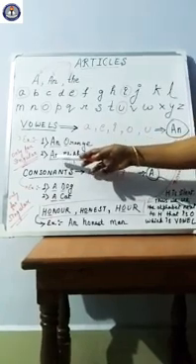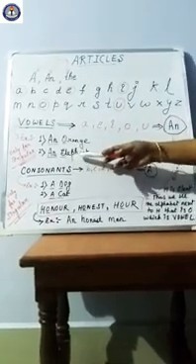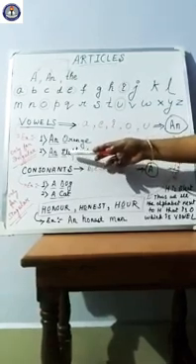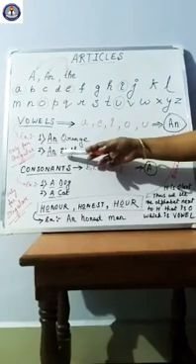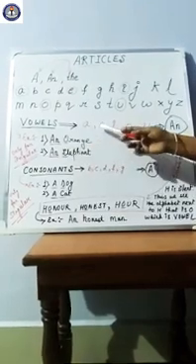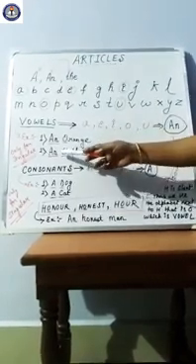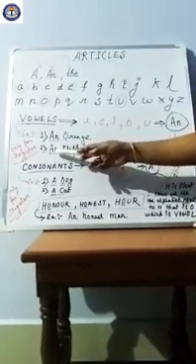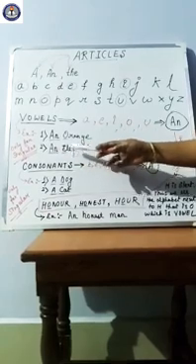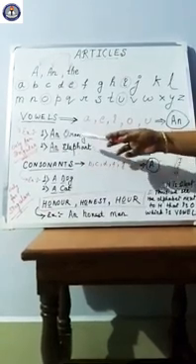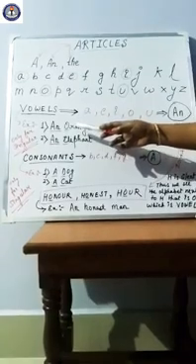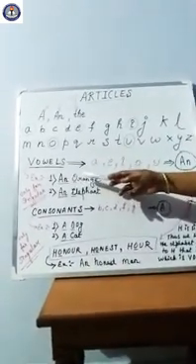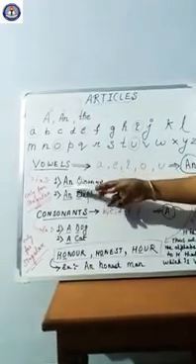And this one, an elephant. Here also elephant starts with E, and E is a vowel. So, before this we use An. Okay, clear? So, a word that starts with a vowel, then before it we use An.